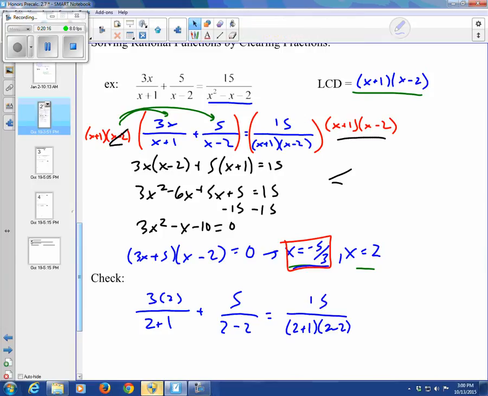So right here we've got two big problems. 2 minus 2's in our denominator mean that we're going to get 0 in the denominator here and here. So that means we're going to have two undefined terms, and this guy right here, x equals 2, cannot be a solution for us. So this is an extraneous solution.